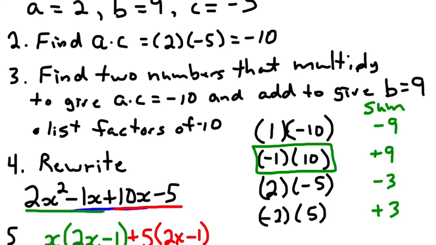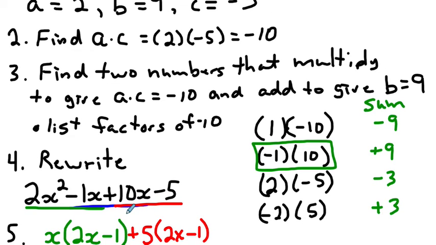Now that's going to happen every time you do this. If it doesn't happen, that you get the same factors, then you've made an error somewhere. So now that we have the 2x minus 1 that's occurring in the front group and the back group, we can factor out that 2x minus 1, and we're left with x plus 5.